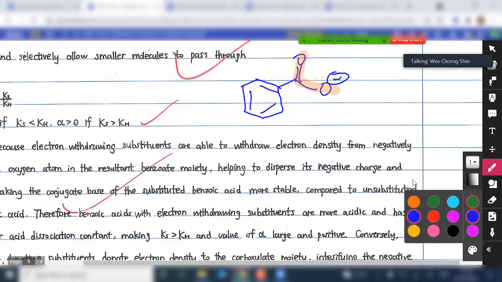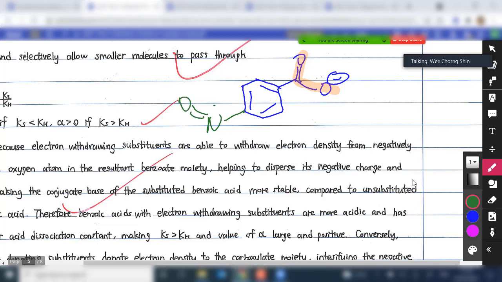So what would a perfect answer be, or maybe I shouldn't use the word perfect, what would be a more accurate answer? Actually, what we are really looking at is the extent of delocalization. If I have a donating group, I am enriching the phenyl ring with electron density, so there is slightly less incentive for the carboxylate to overlap.